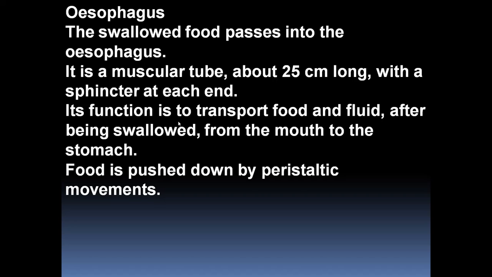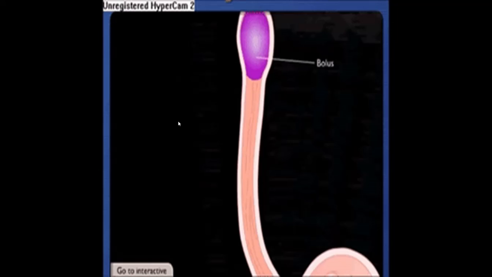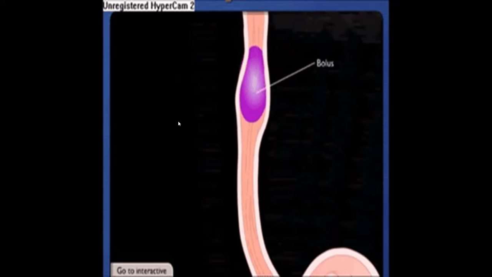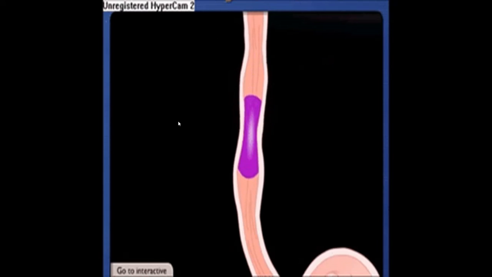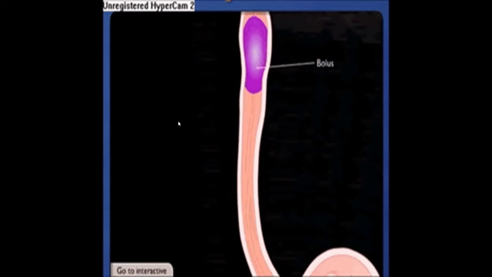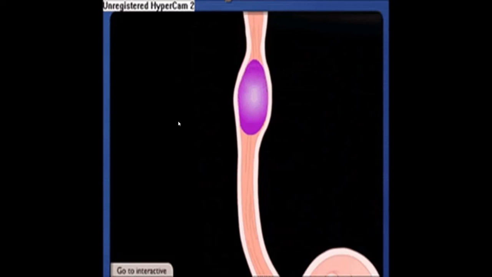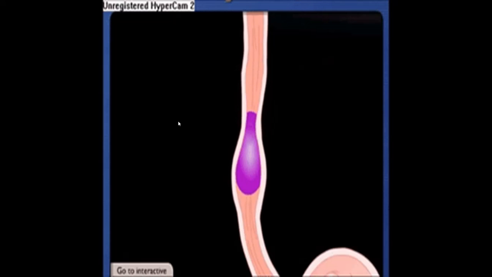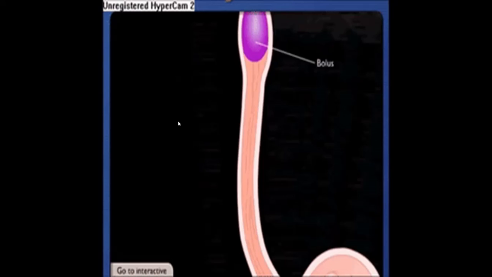Food is pushed down by a special movement. We call it peristaltic movement. You can observe the peristaltic movement of food here. The muscular contraction and relaxation of muscles of the esophagus helps in easy movement of food.